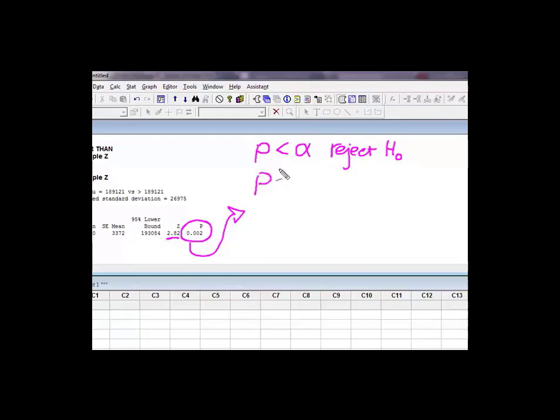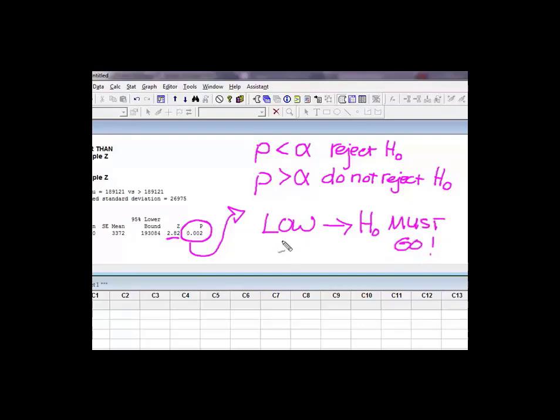If p is greater than alpha, we do not reject H0. Remember, if P is low, H0 must go. When P is low, H0 must go.